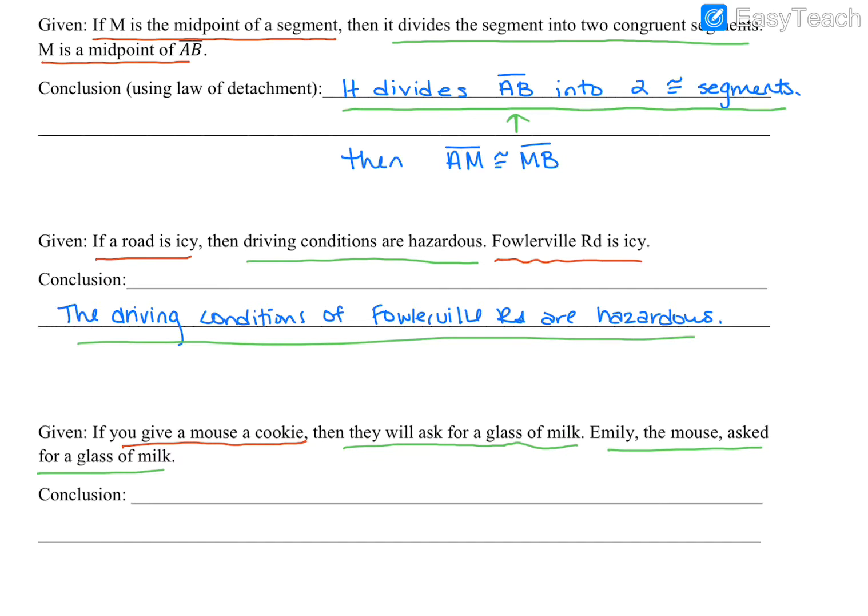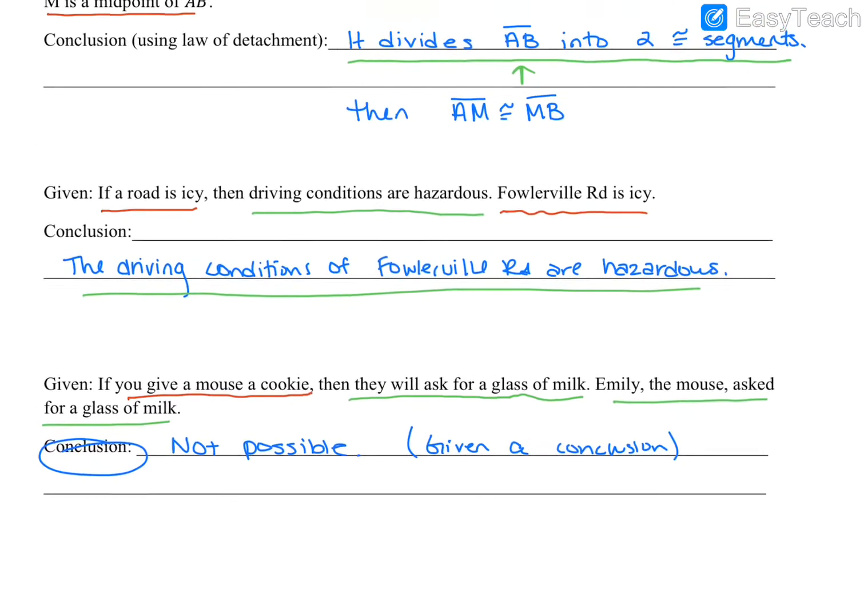That means we can't come up with a conclusion. We were already given a conclusion. So in this case, you just write not possible. You can't do anything if you're already given the conclusion. So I'll write that here. You're given a conclusion. So you can't conclude if you've already been given a conclusion. All right, so that one's not possible.